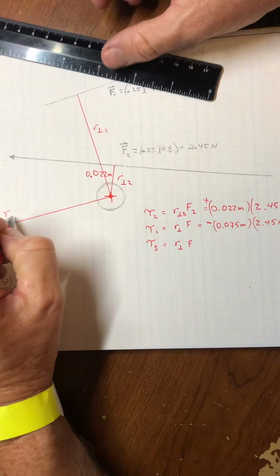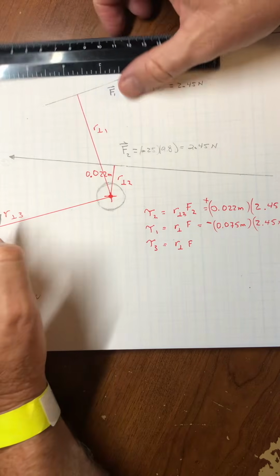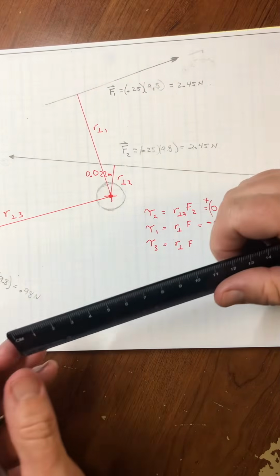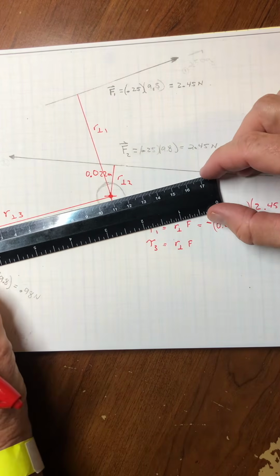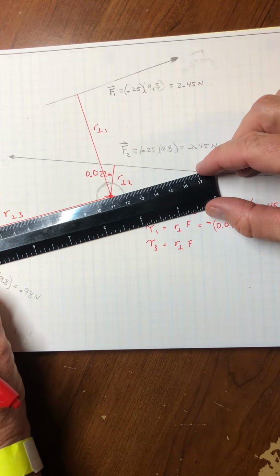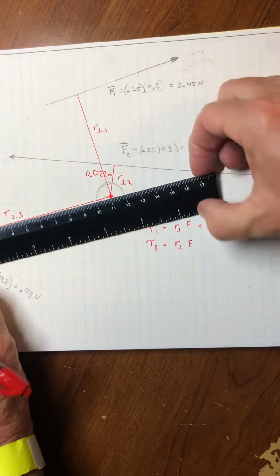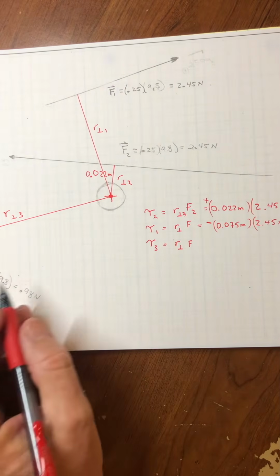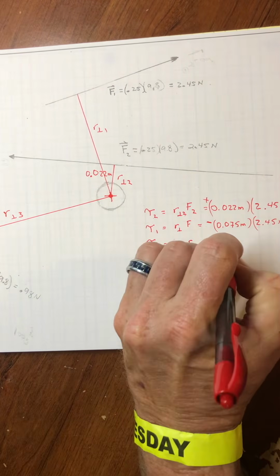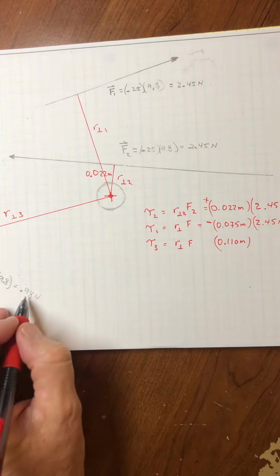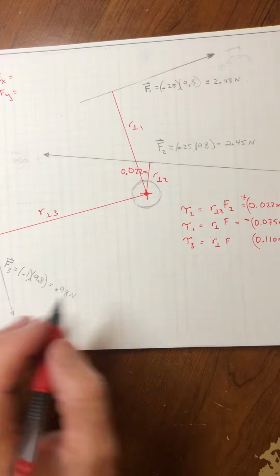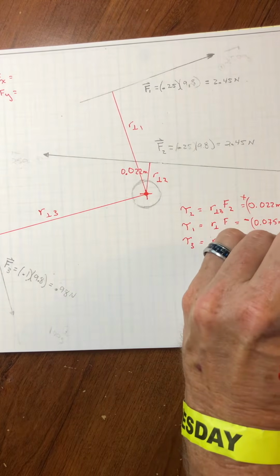And so this would be our perpendicular number 3. And the distance looks like 11.0 centimeters. So 0.110 meters. And the amount of force is 0.98 newtons.